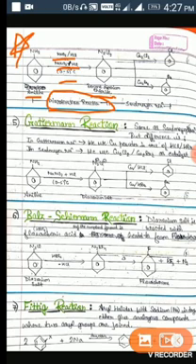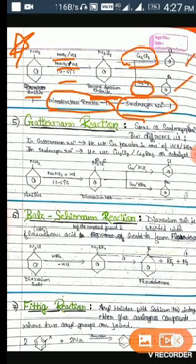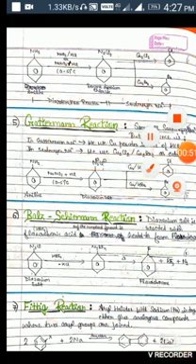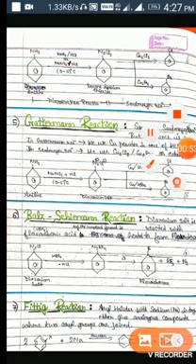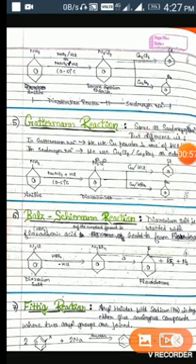Then the further reaction is Sandmeyer reaction. Here we are reacting benzene diazonium chloride in the presence of Cu2Cl2 or Cu2Br2 catalyst and we will get chlorobenzene and bromobenzene on the product side. And Gattermann reaction is similar to Sandmeyer reaction.